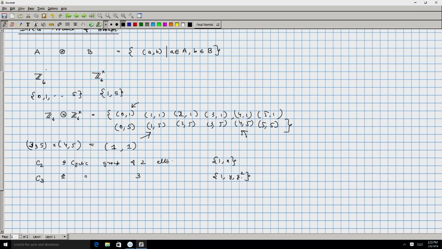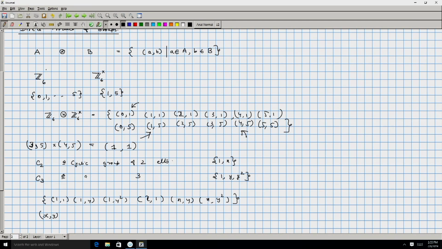Now, if you take the direct product of these two, what we will get is a set consisting of (1,1), (1,y), (1,y square), (x,1), (x,y), (x,y square). These are the 6 elements.